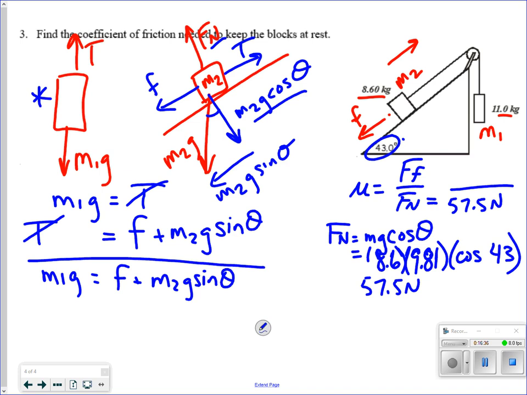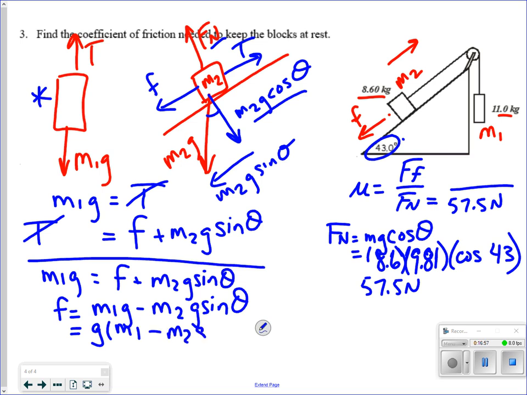And so my friction, when I rearrange this, is going to be equal to M1G minus M2G sine theta, which looks ugly, except I have all those numbers. It's not that big of a deal. If you want to get crazy, you can pull out the g, but you're just delaying the inevitable plug and chug.